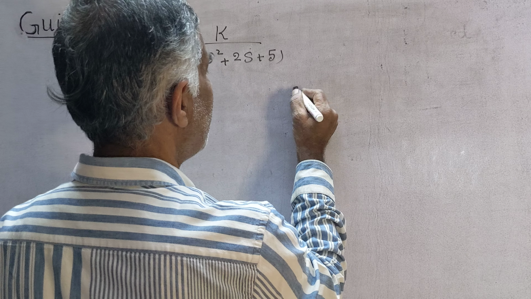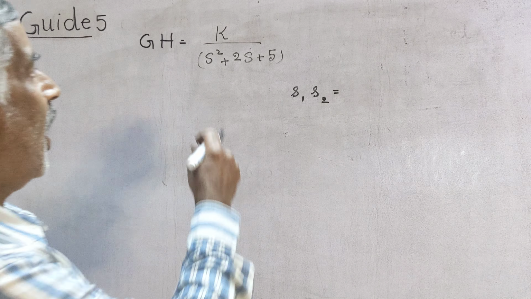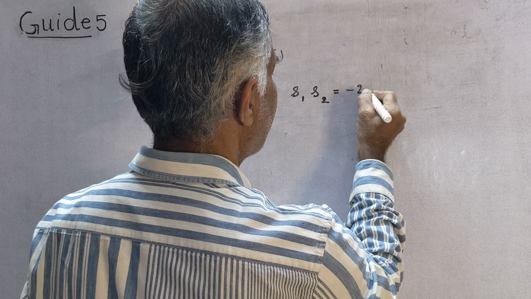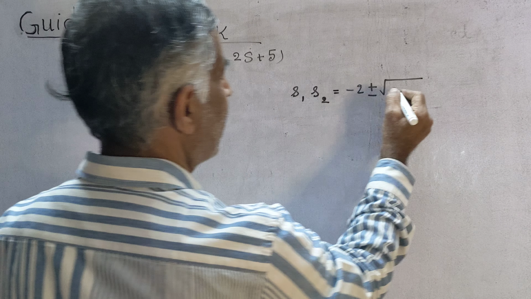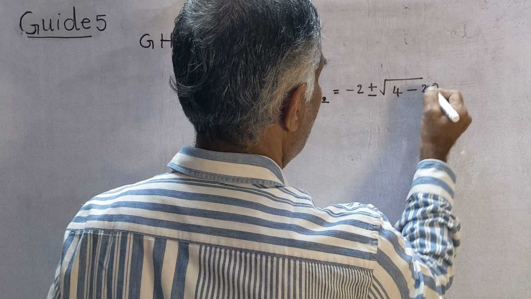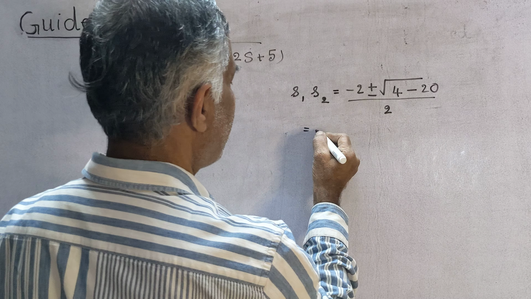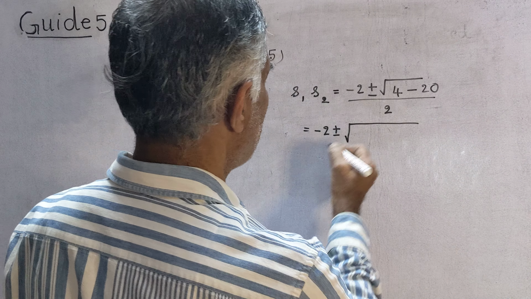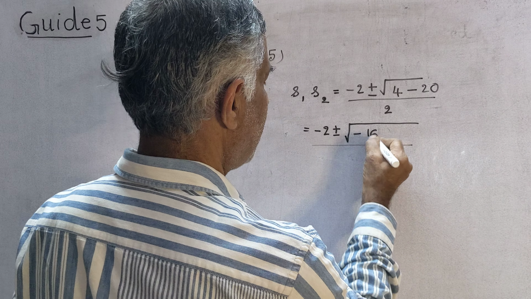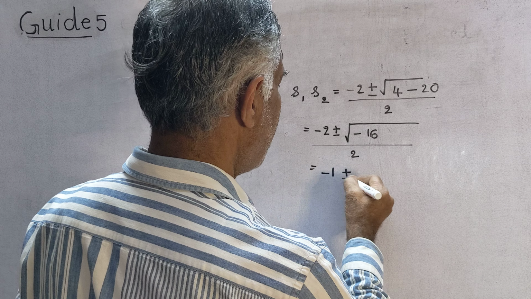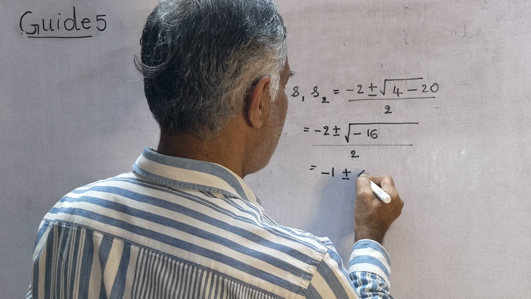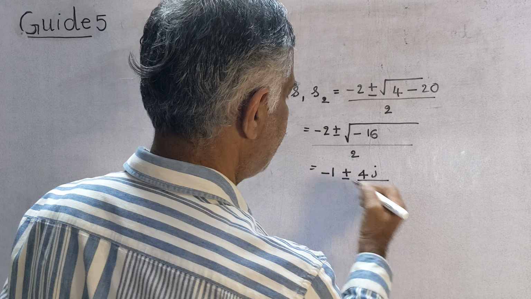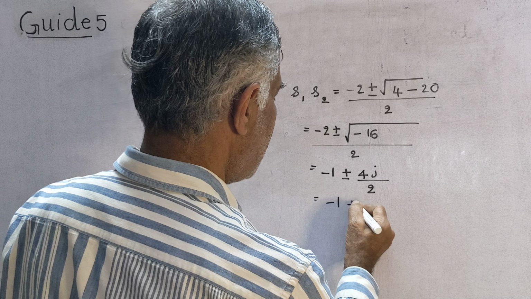This is a quadratic equation, and the two roots of ax square plus bx plus c equal to 0 are minus b plus or minus square root of b square minus 4ac divided by 2a, that is minus 2 plus or minus square root of minus 16 by 2, that is minus 1 plus or minus square root of 4j divided by 2, that is minus 1 plus or minus 2j.